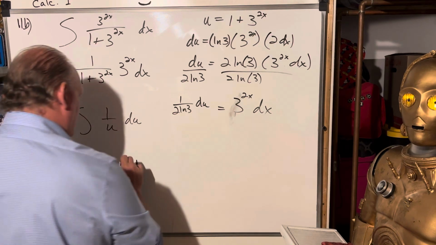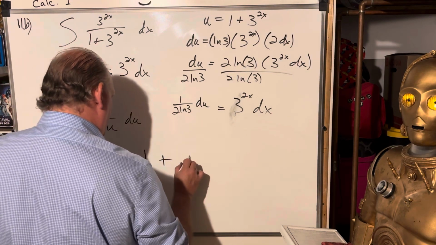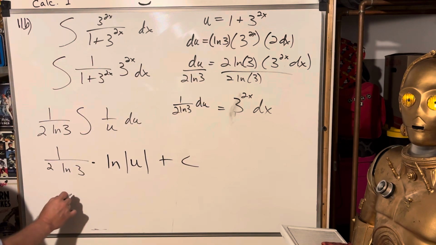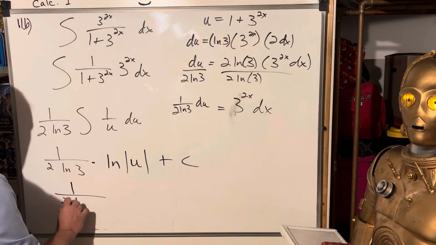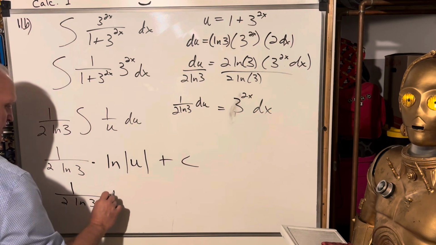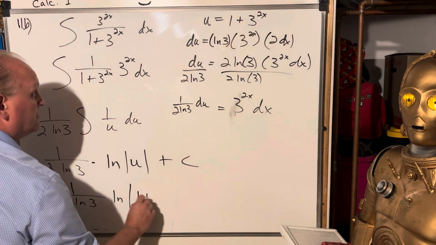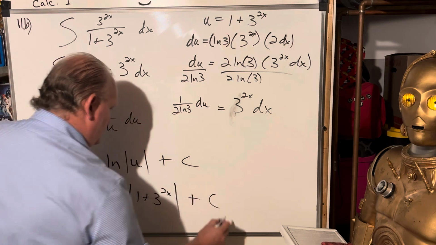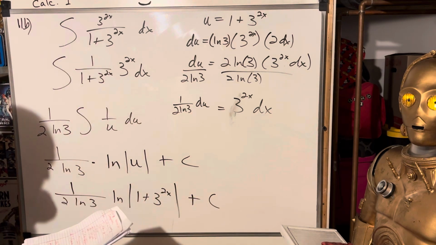I think I need absolute values on that. Yeah. Plus c. And then don't forget to put back in the 1 plus 3 to the 2x, so 1 over 2 ln 3 times ln of 1 plus 3 to the 2x, plus c. Whew.